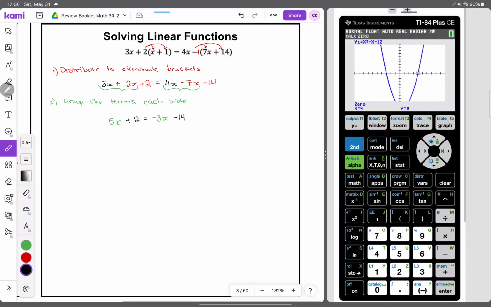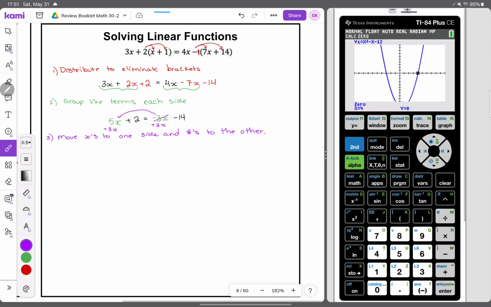If it's a question like this one where we have x's on both sides, we need to move x's to one side and numbers to the other. Meaning, and just because I don't like dealing with negatives, I'm going to move this -3x over here by adding 3x to both sides.